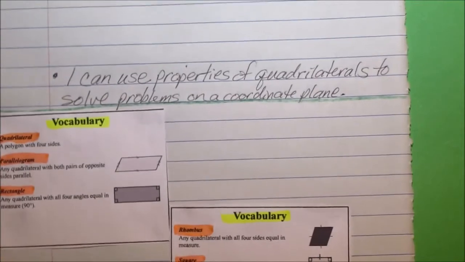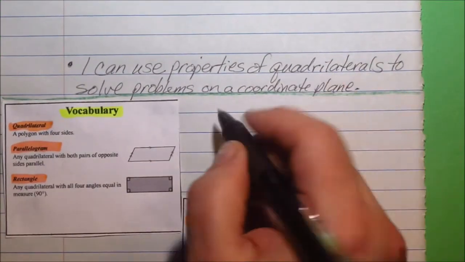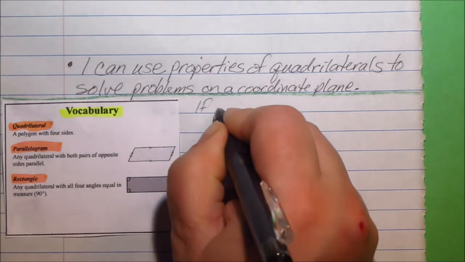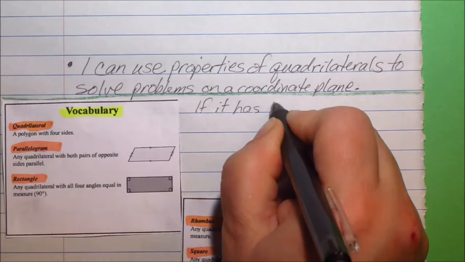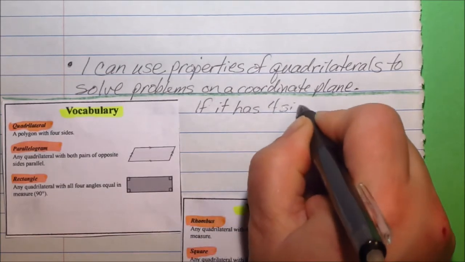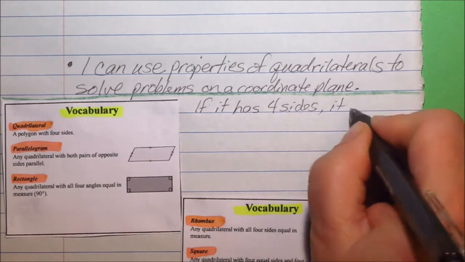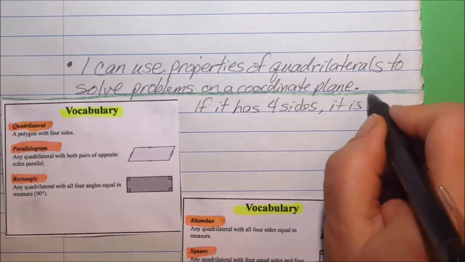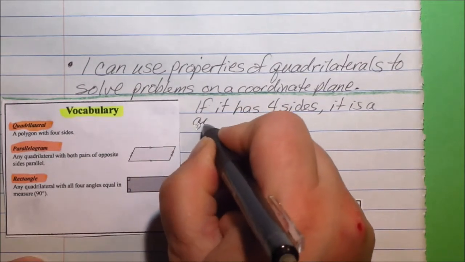All right, so simple note. I'm going to write right over here. If it has 4 sides, it is a quadrilateral.